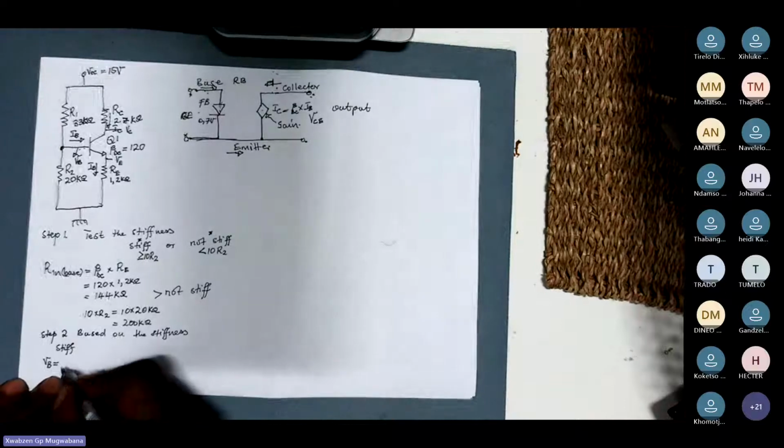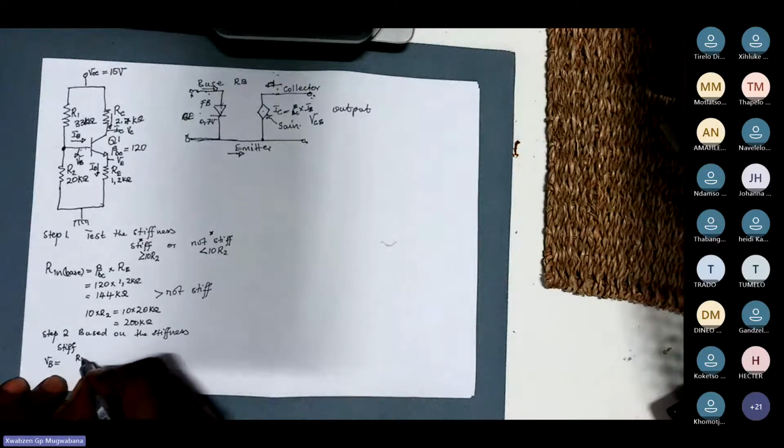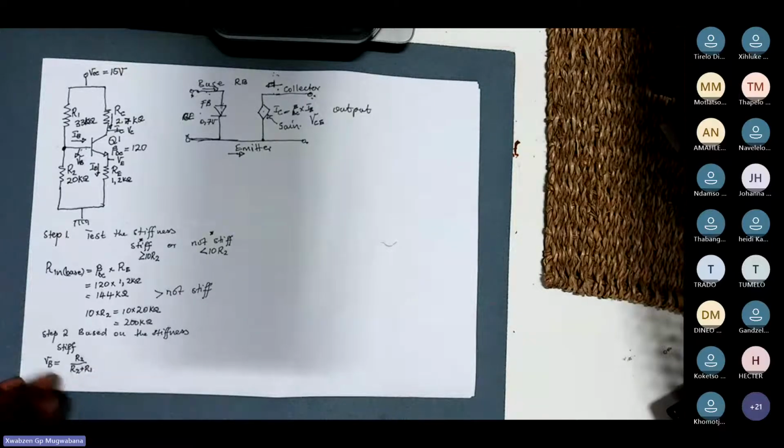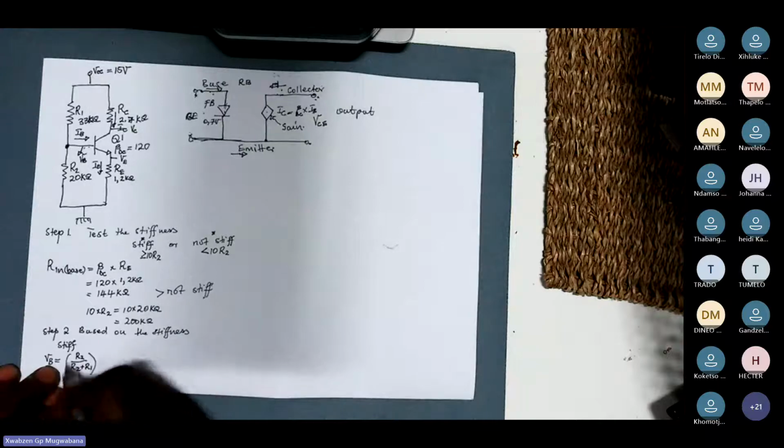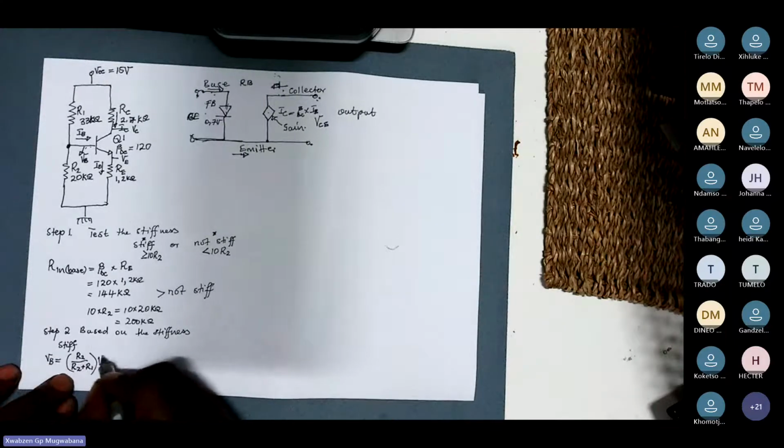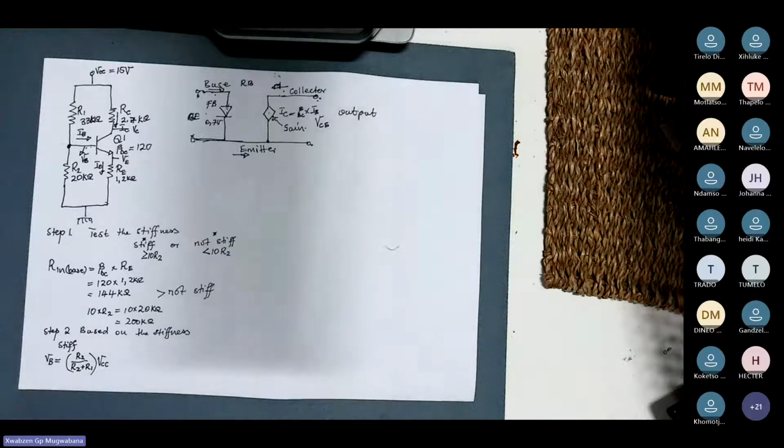VB in this case will be R2 divided by R2 plus R1. All of this is supplied from your VCC. That is when your transistor is stiff.